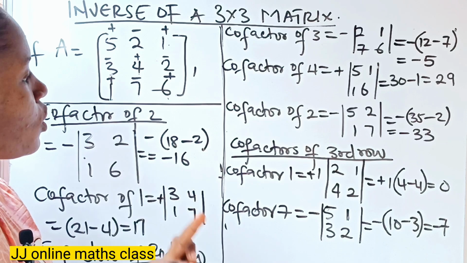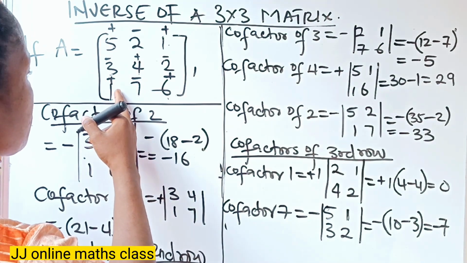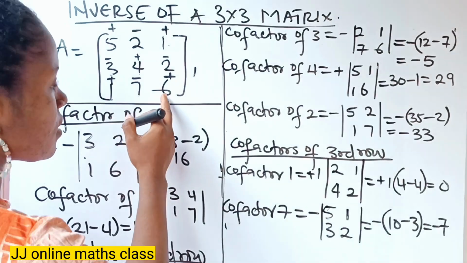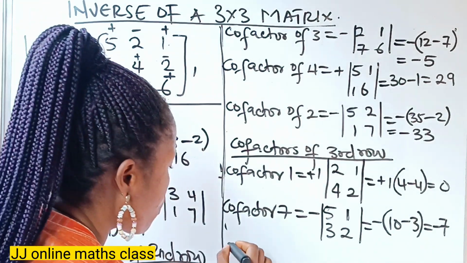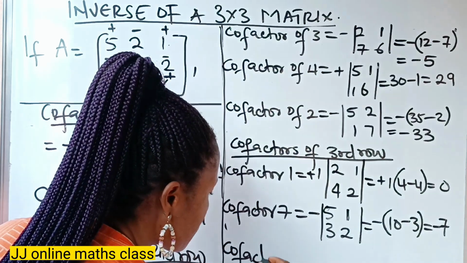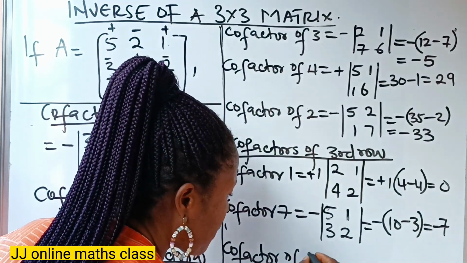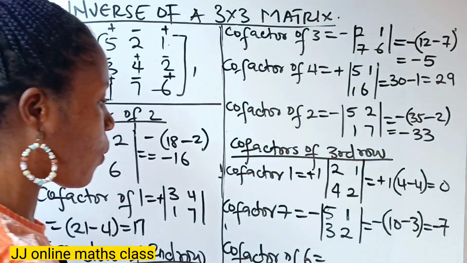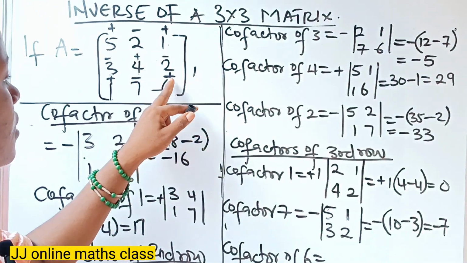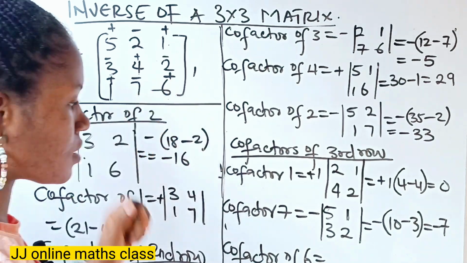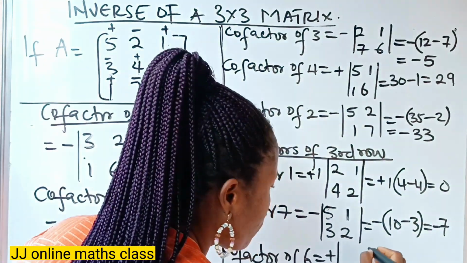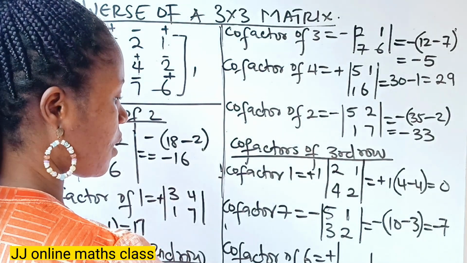Okay, the last but not the least then is what? The cofactor of this 6 remaining. So the cofactor of 6 is going to be equal to, remember that this 6 is positive, you can see that, so it's going to be plus. We open our determinant line.